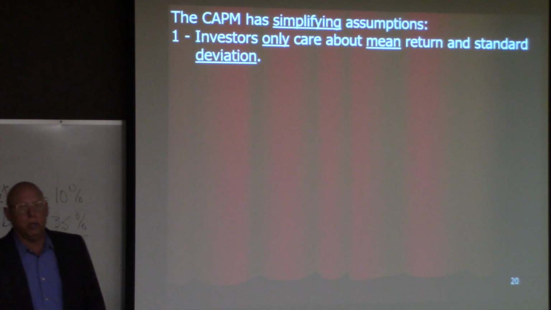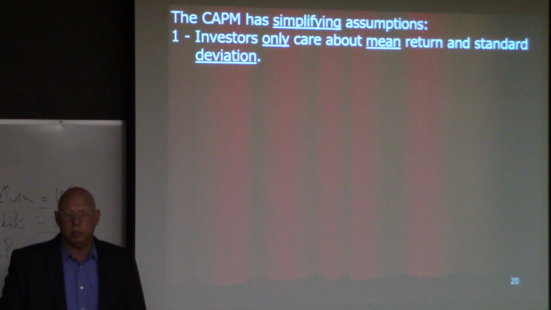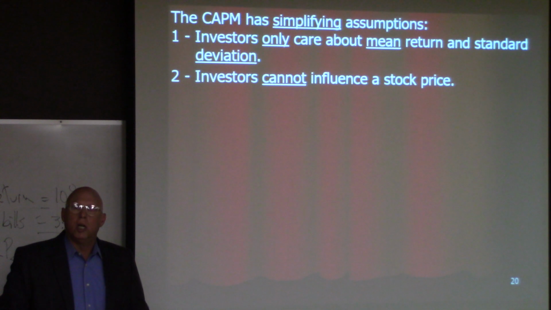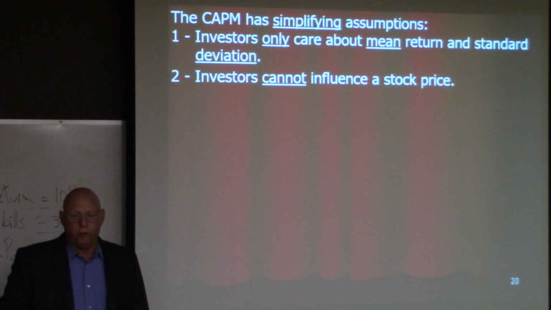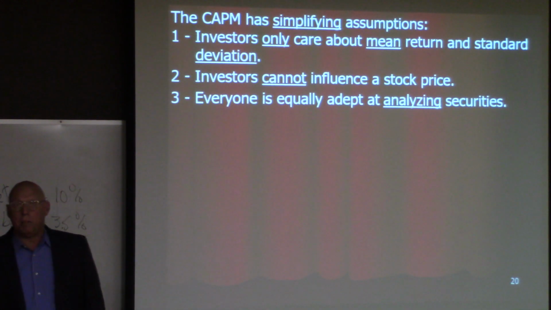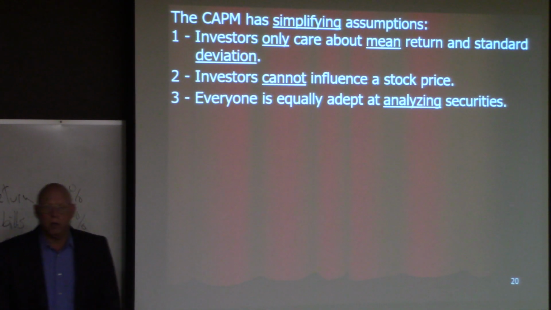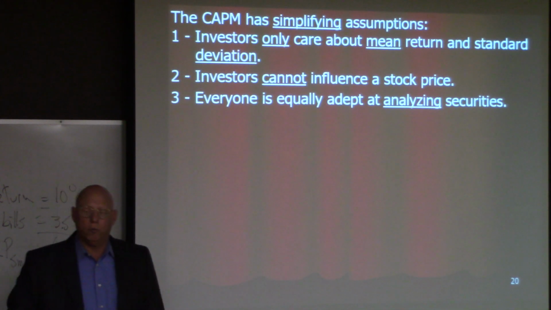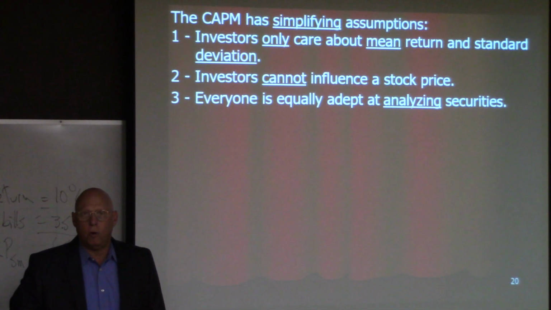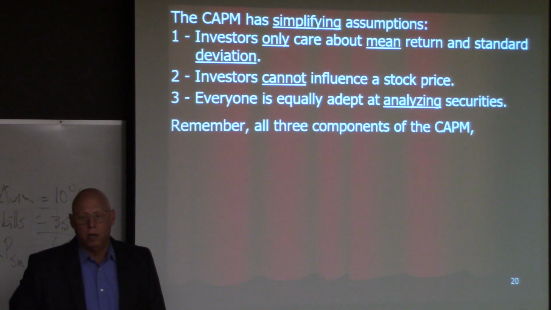That's the only thing that we look at, mean return and standard deviation. Secondly, investors cannot influence a stock. If you're Warren Buffett, that doesn't hold true for you. It means you're totally passive as an investor. Third, everyone is equally adept at analyzing securities, and we know that's not really true. Okay? There are some people who are better at analyzing securities than others.